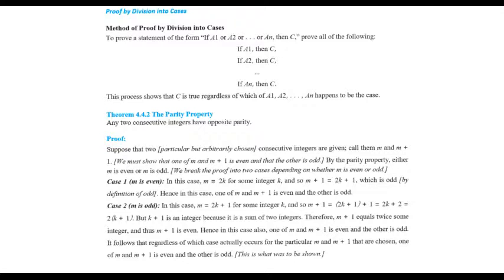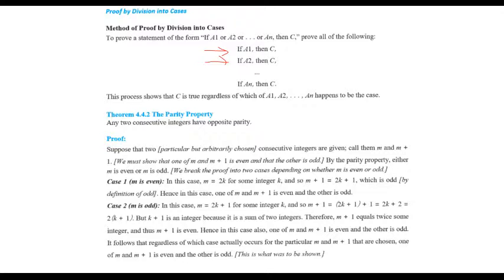Okay, we know as a fact that either a1 is true or a2 is true, all the way to an is true. Then we know these n conditional statements. The first one is if a1, then c. The second one is if a2, then c, all the way to if an, then c.